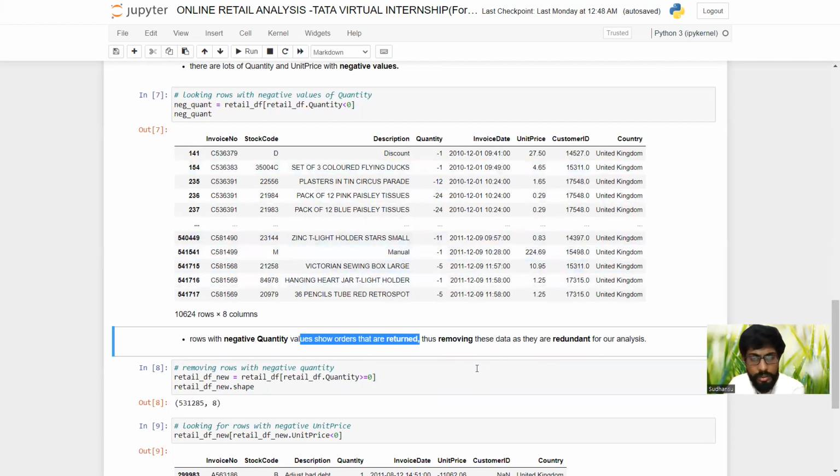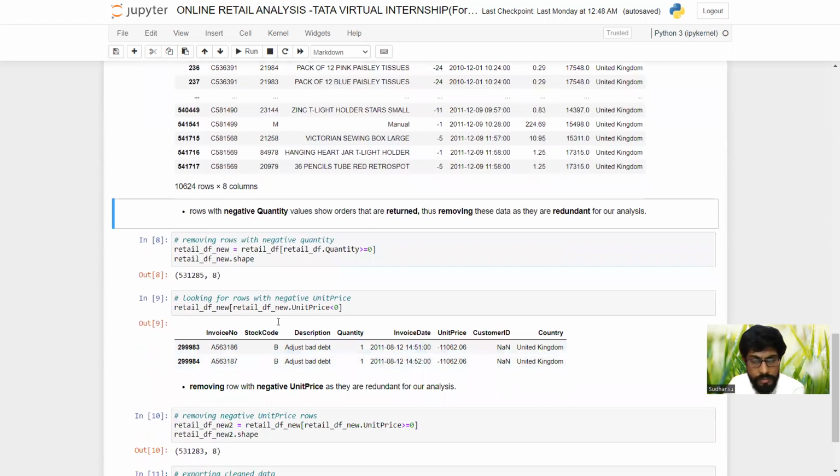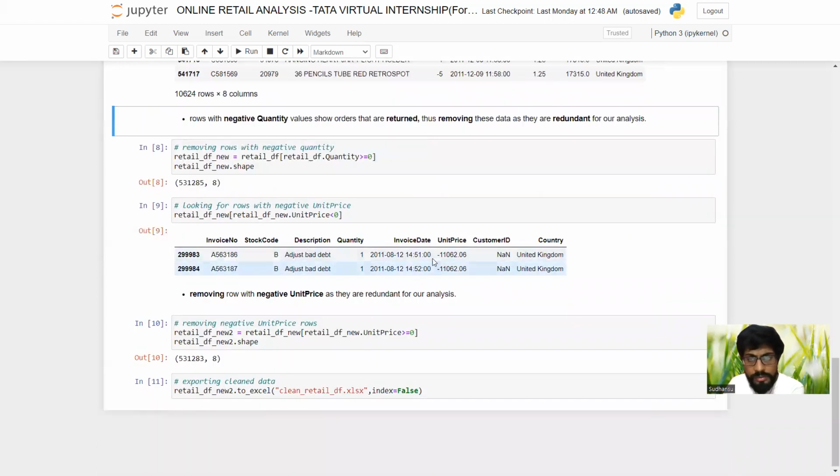So these rows are not useful for our further analysis, and we removed all the rows with negative order quantity. Then we saw the rows which have negative unit price. These are also invalid rows, so we removed these. Only these strategies we performed in cleaning, and we exported the clean data to an Excel file.